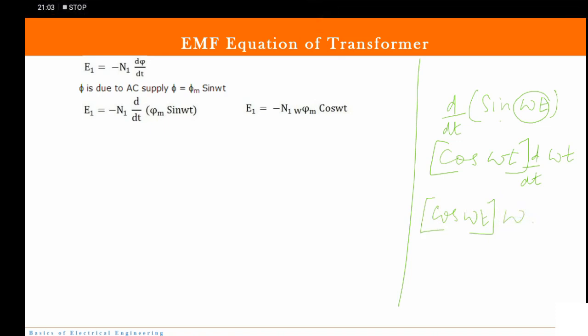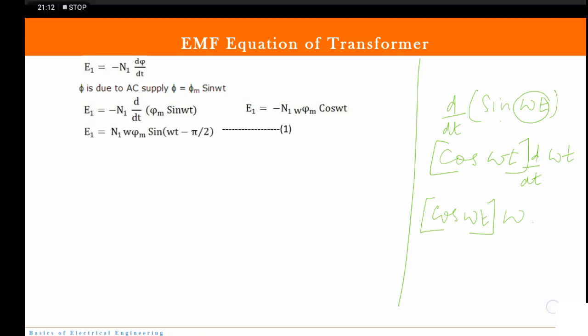So this is how we get the differentiation of sine omega t as omega cos omega t. Yes. So with cos omega t, we have a minus sign. Minus cos omega t can be written as sine omega t minus 90, that is pi by 2. Correct? So we will replace cos omega t by sine omega t minus pi by 2.